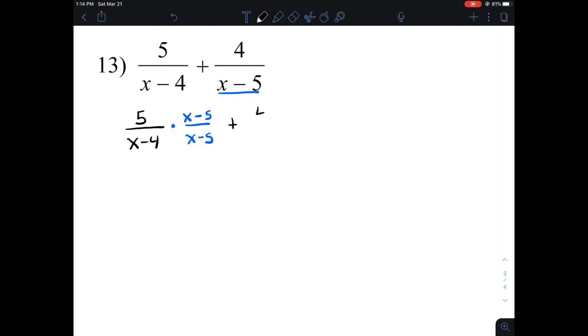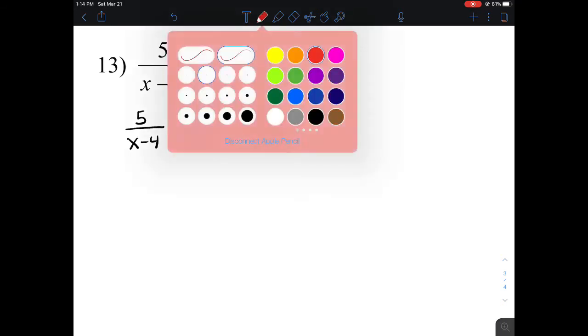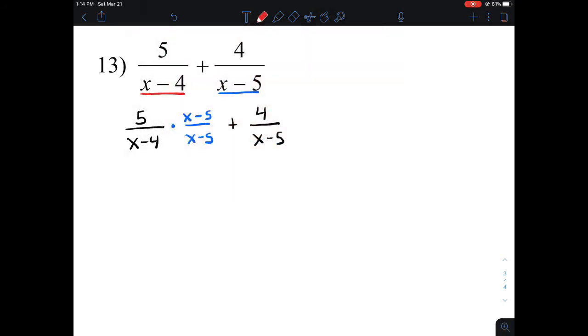So it'll be 4 over x minus 5. Now, the 4 already has the denominator of x minus 5, but it needs to have the factor of x minus 4, so that way they have like denominators. So it needs to get multiplied, both the numerator and the denominator, by x minus 4.